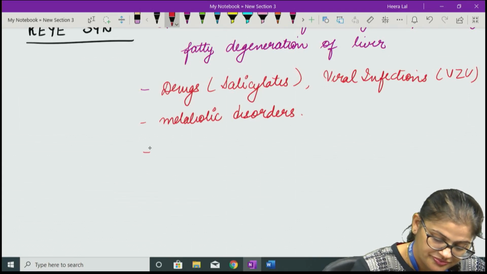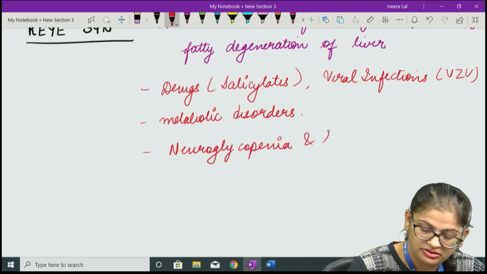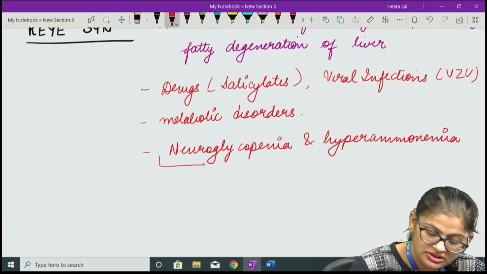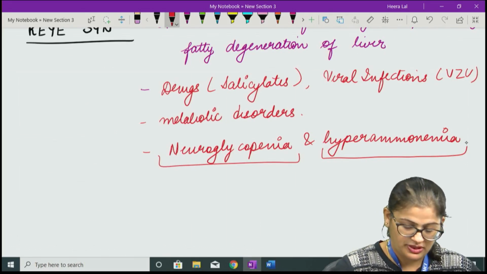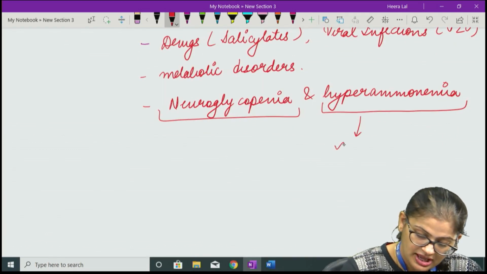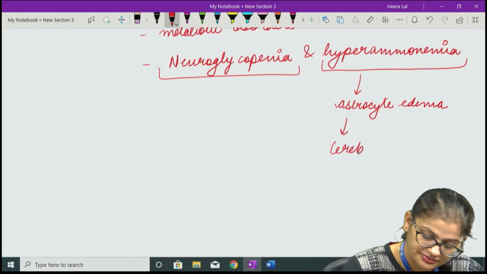So hypoglycemia and hyperammonemia, both these metabolic abnormalities result in most of the symptoms of Reye's syndrome. Hyperammonemia is seen to cause astrocyte edema, which may result in cerebral edema.